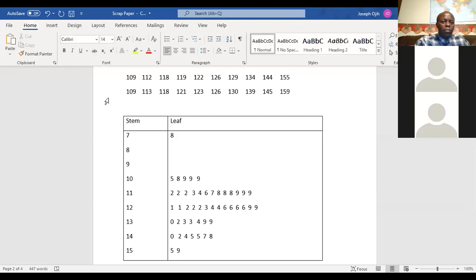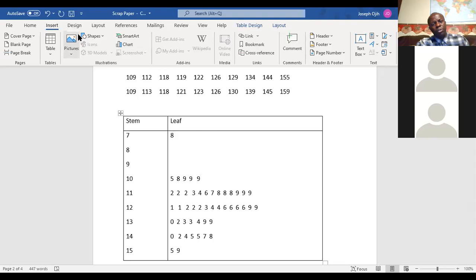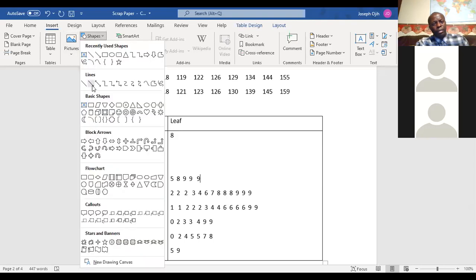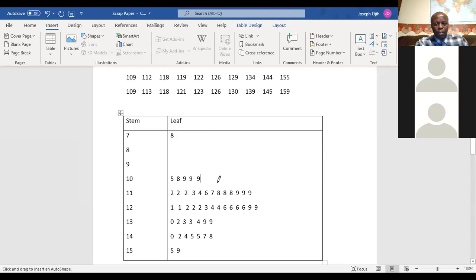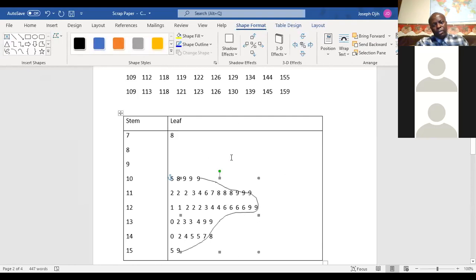Now, if you have this on your paper, if you turn it counterclockwise, you see that when you draw a line from here, you would just discover that it stretches more on the right side than on the left side.